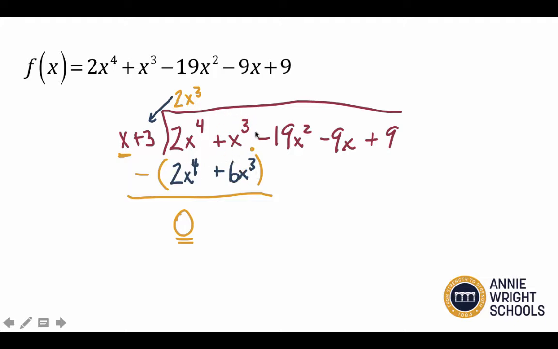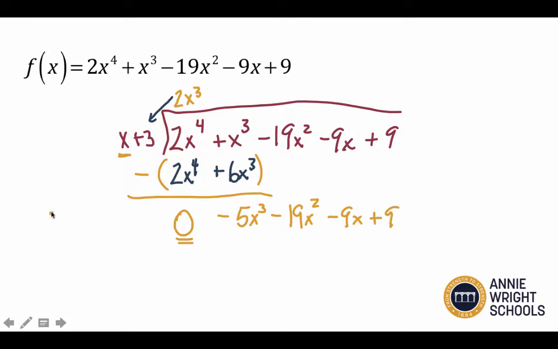Now I'm going to take x cubed and add the opposite of this, or subtract 6x cubed. And that gives me minus 5x cubed. And then remember, like with division, you can bring all this down: minus 19x squared minus 9x plus 9.